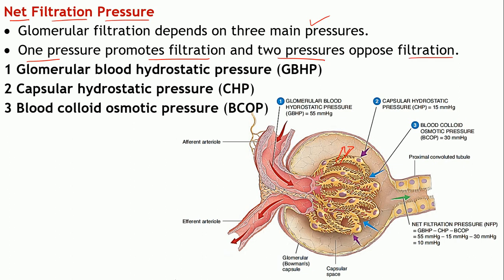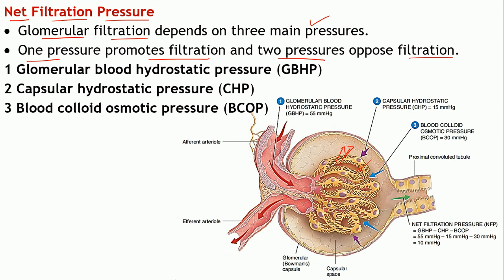So it is in the direction from the capsular space towards the lumen of the capillaries. So the net filtration pressure which makes it possible for this glomerular filtration to take place, that will depend upon these three pressures.